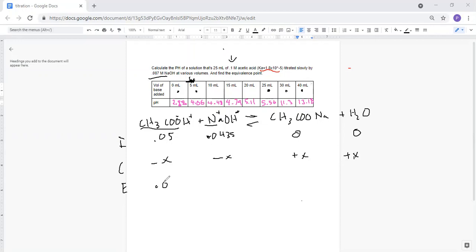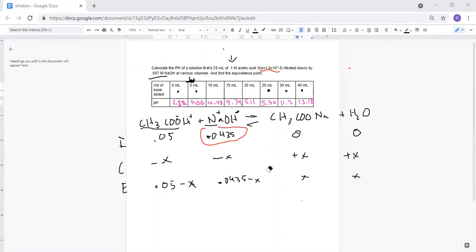Right here, we're gonna have our acid minus what it loses, and then right here we have 0.0435, our base minus what it loses. Here we have our gains, which are our products, our conjugate base, which is the basic salt, and the water. So basically, our limiting reagent, as you can see, the smaller molarity, is still the base.